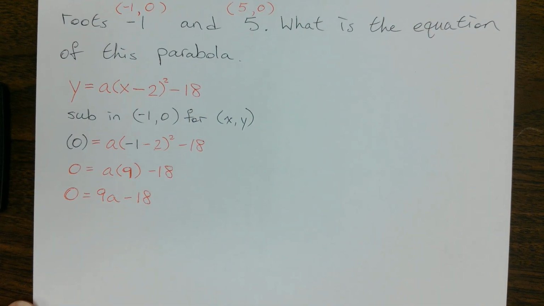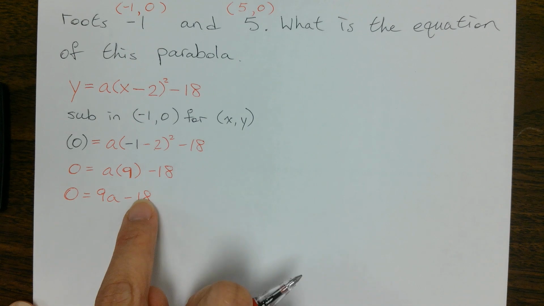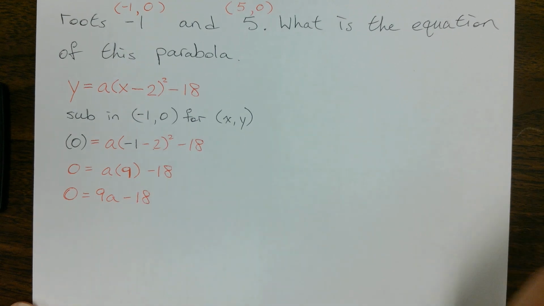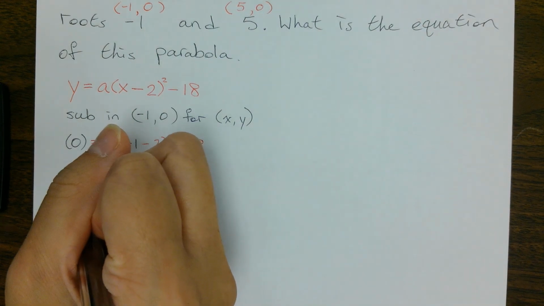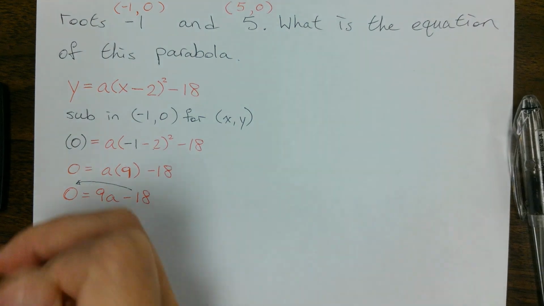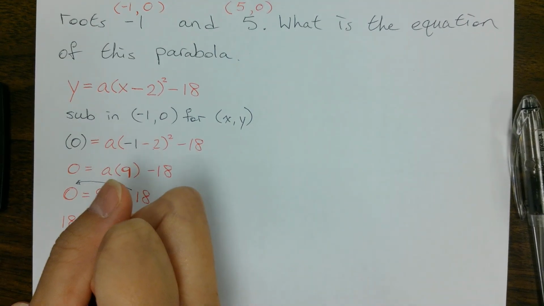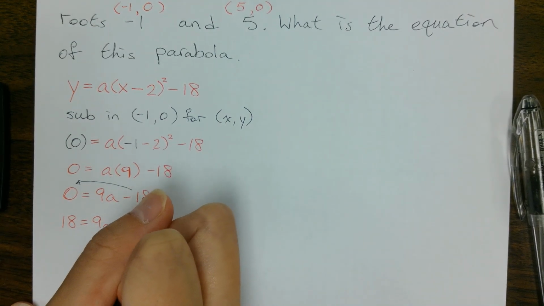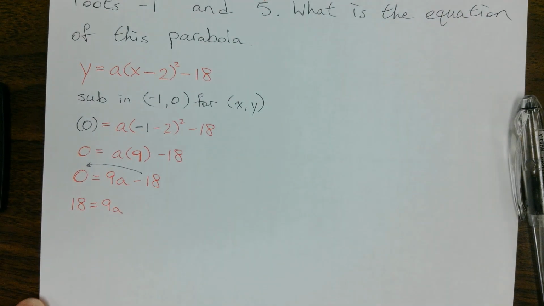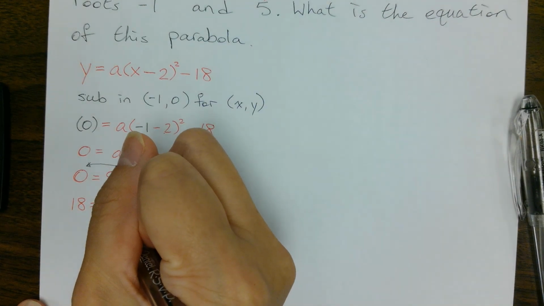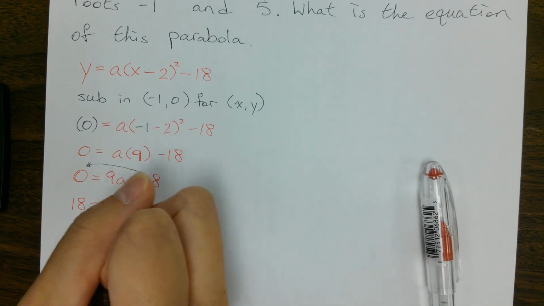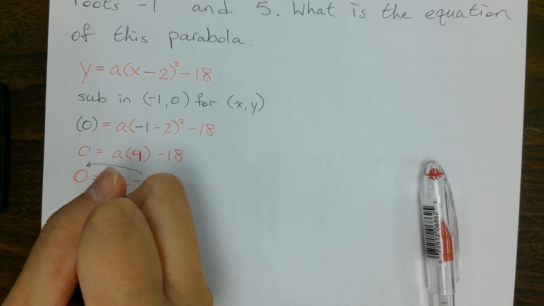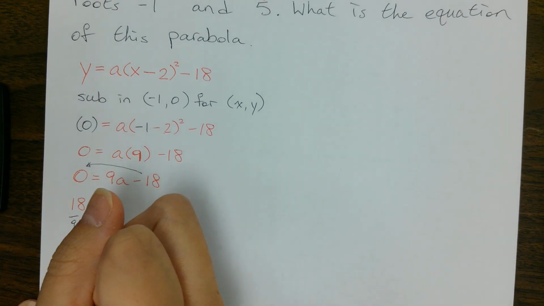How do I solve for a now? Yeah, bring 18 to the other side. So I get positive 18. 0 plus 18 is just 18. And then divide that 9 over, so a is 2.